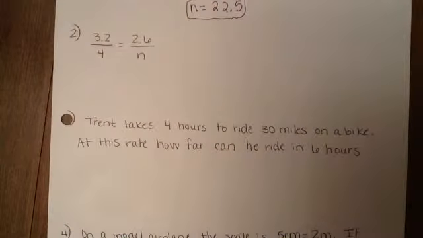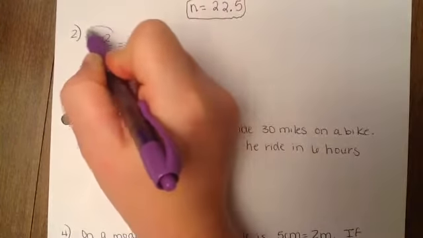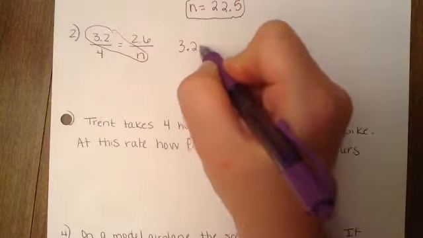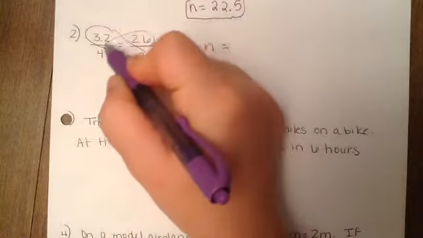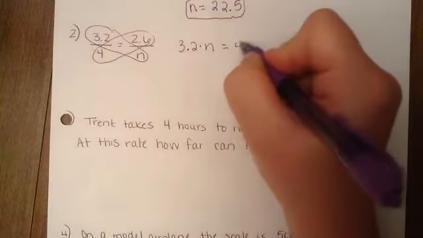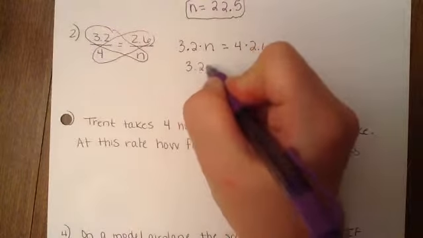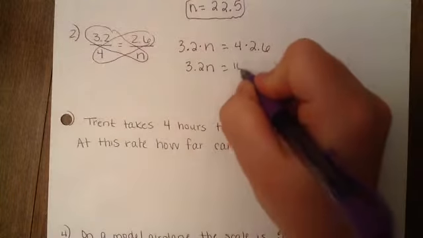Let's see how you did. What did you multiply first? 3.2 times n. And what did you do next? 4 times 2.6. So I get 3.2n equals 2.6 times 4, 10.4.